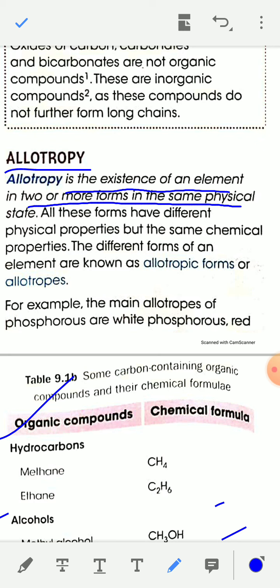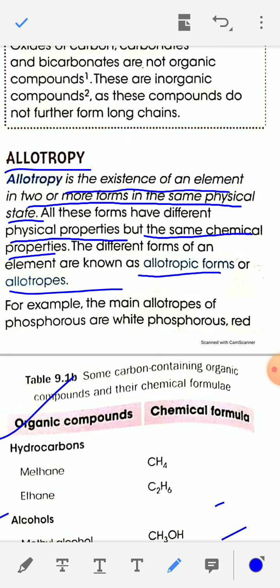All these forms have different physical properties but the same chemical property. These different forms of an element are known as allotropic forms or allotropes.